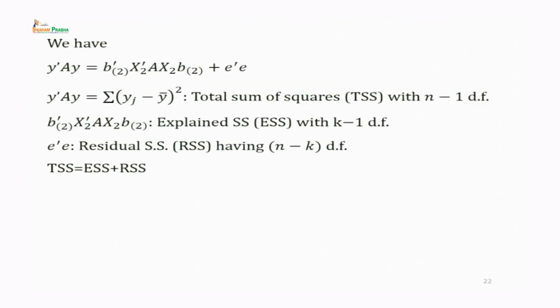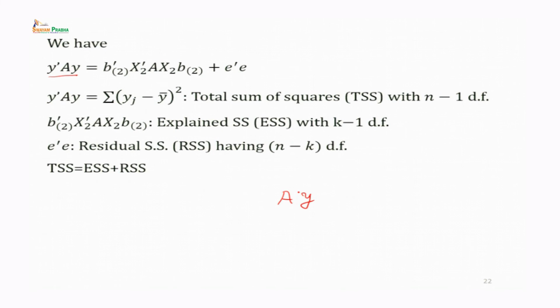Now, suppose you take y transpose A y, then what is y transpose A y? This is summation y j minus y bar square. Actually, A y gives you the deviation from mean.